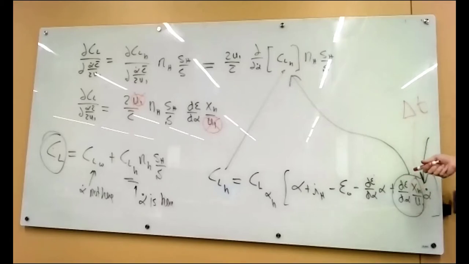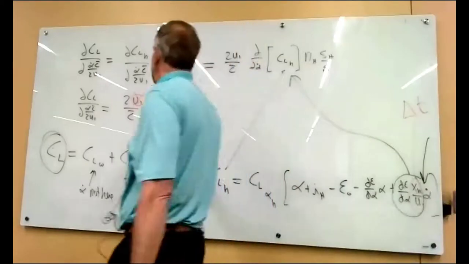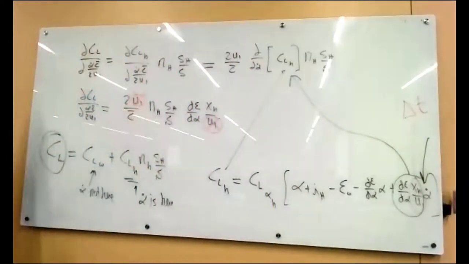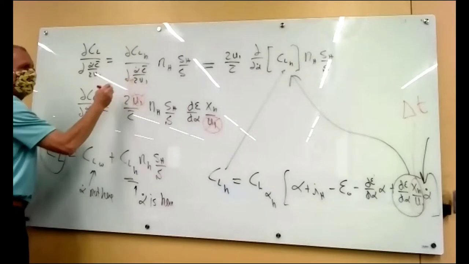So there's our lag and downwash model, and that's how the alpha dot effect came into play, is that lag, right? Okay, so then where did this U1 come from? Because it's really nice that it's there and we can cancel out U1, right? It came because we non-dimensionalized up here.